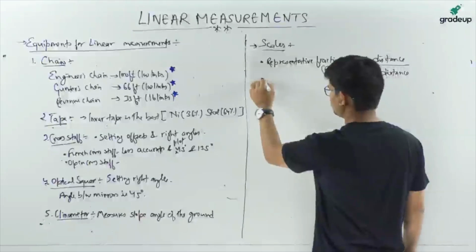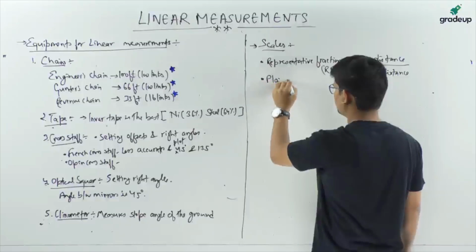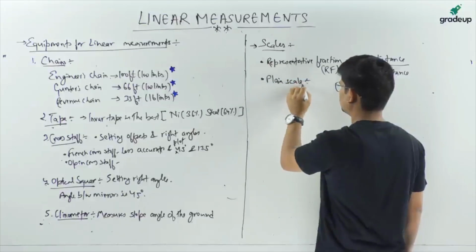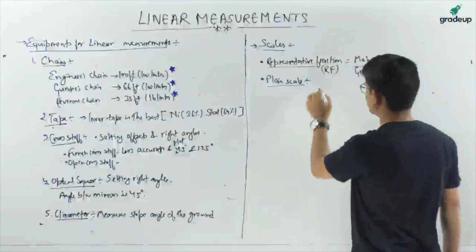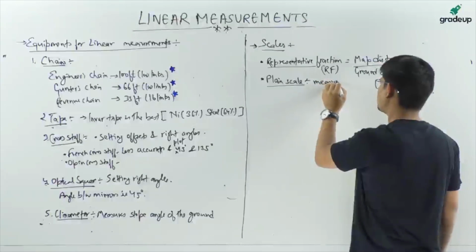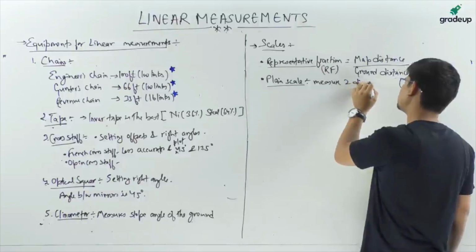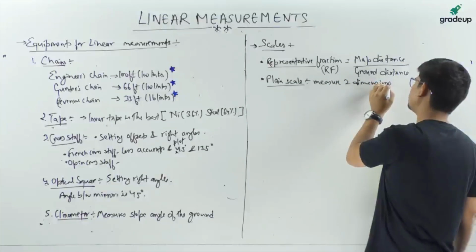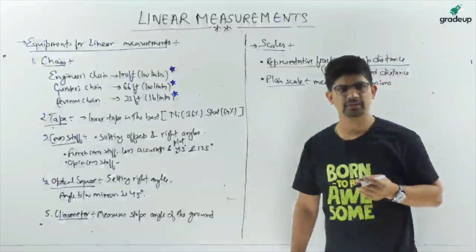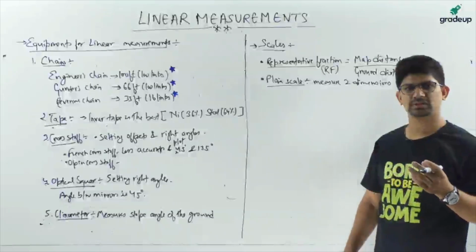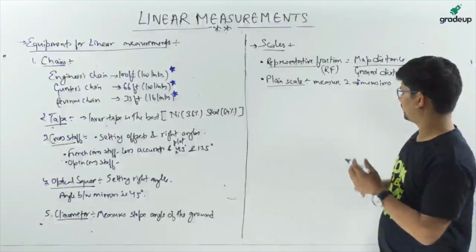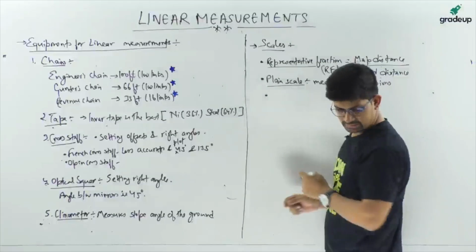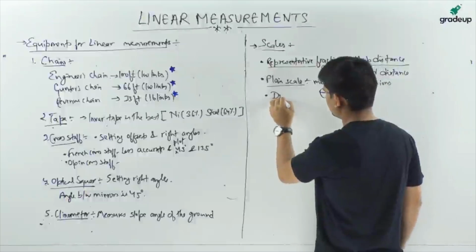Now there is also plane scale. Plane scale is used to measure two dimensions. Like the scale which you use generally, those are plane scales. You measure centimeter and mm mostly. So they measure two dimensions. Then there is diagonal scale.